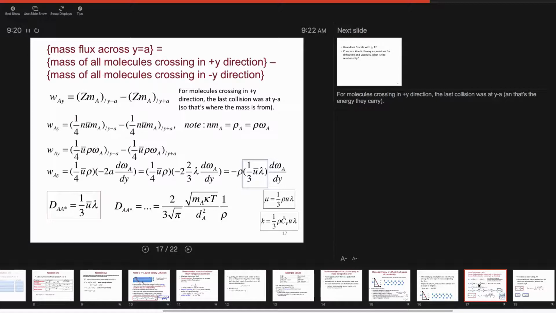Whatever it is that I'm trying to transport, I ultimately depend just on the average speed of the molecules moving around, and how far I have until I collide with another one. That basically informs all of the types of transport that might happen in this low density gas, which kind of makes sense, right?